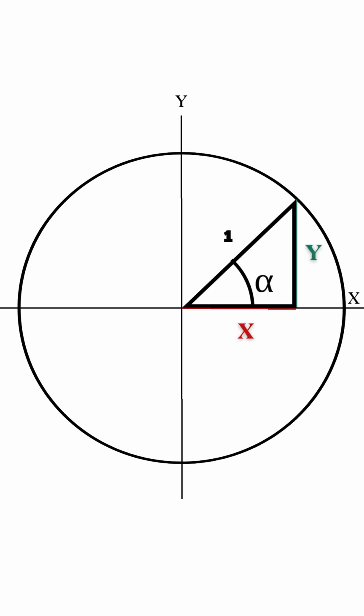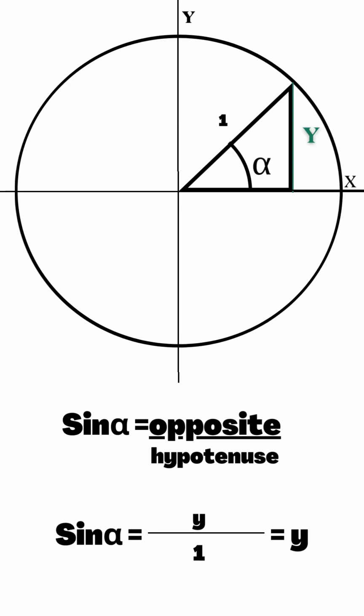Now we are going to prove that the sine and cosine of this triangle are equal to the y and x coordinates where the triangle intercepts the circle. We know that sine of alpha is equal to the opposite side over the hypotenuse. In this case the opposite side is equal to y, and the hypotenuse is equal to 1, and y over 1 is equal to y.